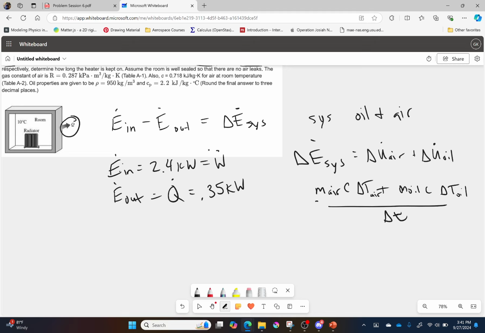So I have work in, so I'm going to write it out just like in variables, and I'll write it out with numbers.